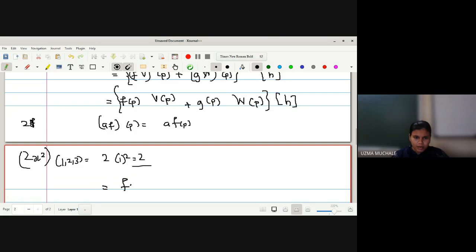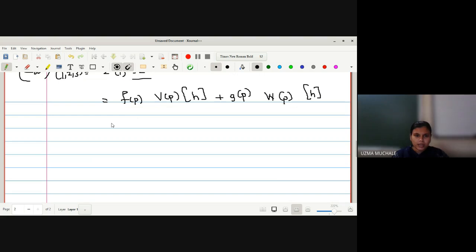It is equal to the value of function f evaluated at a point P. So this is a vector field evaluated at a point P, directional derivative of function h evaluated in this way, plus g of p as it is, directional derivative of a function h, here the vector field is w. Now by definition of this vector field, this can be written as f of p as it is.